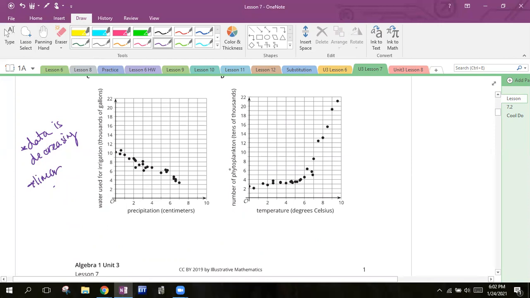All right, and then finally, this one doesn't form a line, but the data is close together. It looks like the data is clustered together. It is increasing. Okay, it's a little different. It's not linear because it curves.